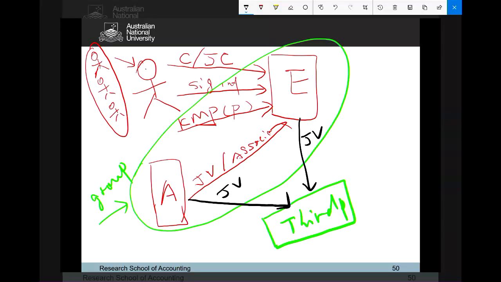So they will be related party. Or in one part it has joint venture, another part has associate. So the joint venture for E and associate for A, then these two are also related. And also, if E and A, one of them is running the post-employment benefit plan for another, that's also bringing these two related party.